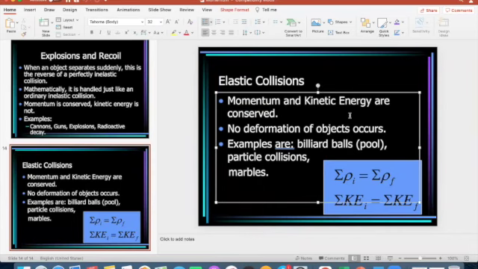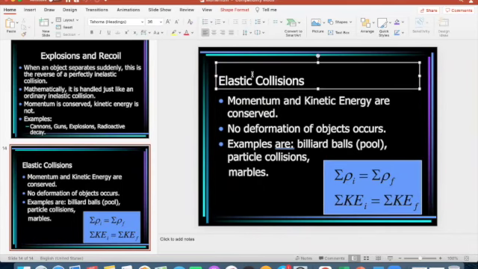So for your elastic collisions, again, momentum and kinetic energy are conserved. So again, elastic collision, this is when the objects bump into each other and they don't change shape, they don't stick together, they're still their own individual objects. All right, so two basketballs bumping into each other, two tennis balls bumping into each other, they remain in the same shape.